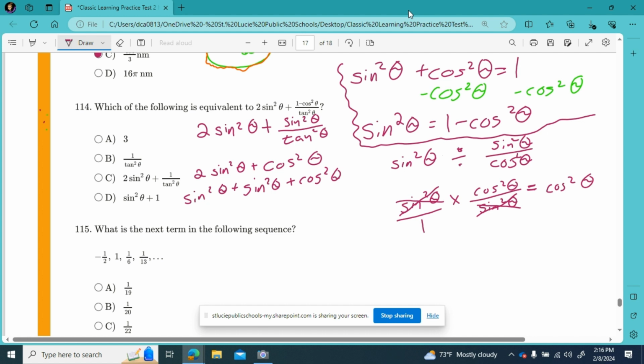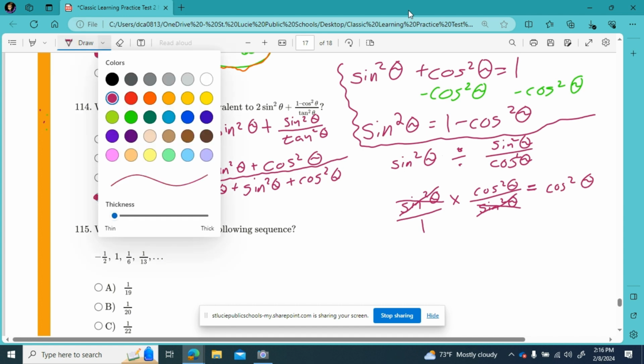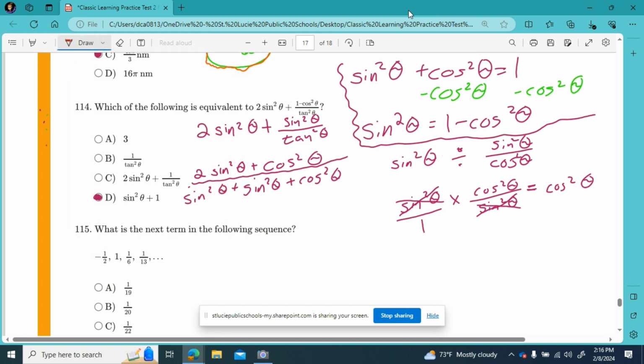These are equivalent. Just put a squiggly line through that. It's looking a little messy. And then what do we have right here? Sine squared theta plus cosine squared theta is equal to 1. So all of this is just sine squared theta plus 1, because this piece right here is equal to 1. So we're done with question number 114.